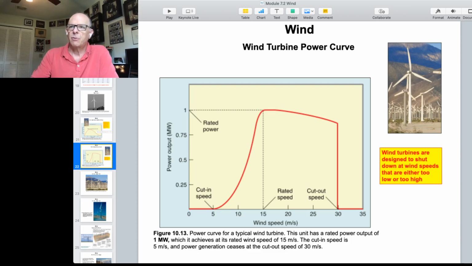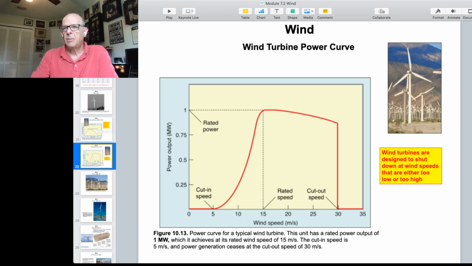So this graph, which you'll use in your homework, shows that for this particular windmill, if the wind is blowing at 15 meters per second, it's producing electricity at 1 megawatt. If the wind is only blowing at 10 meters per second, that red curve then is at a power output of only about 0.25 megawatts.